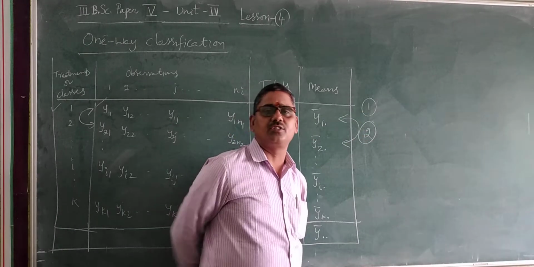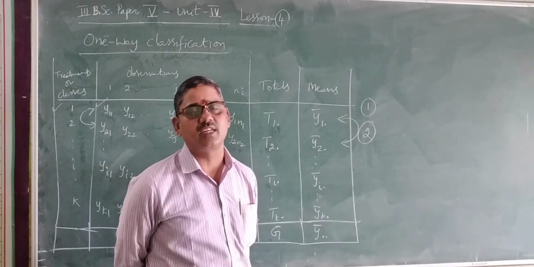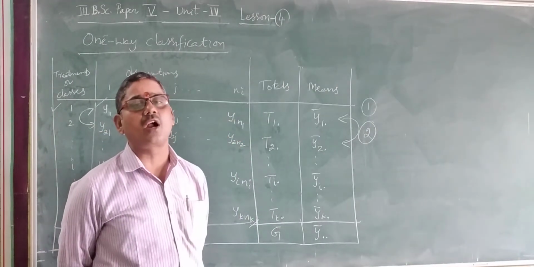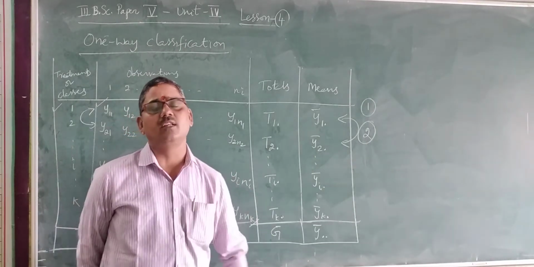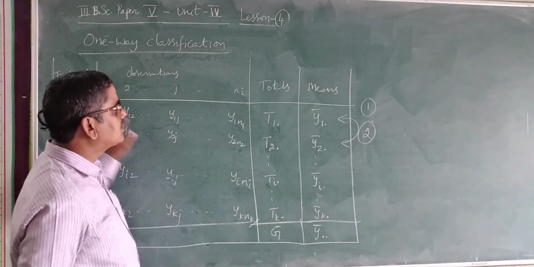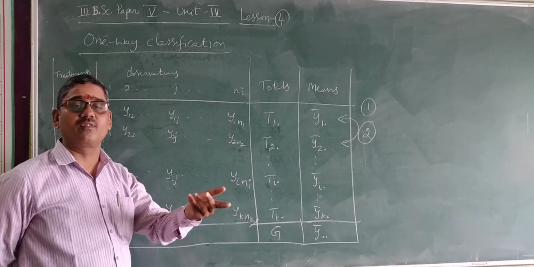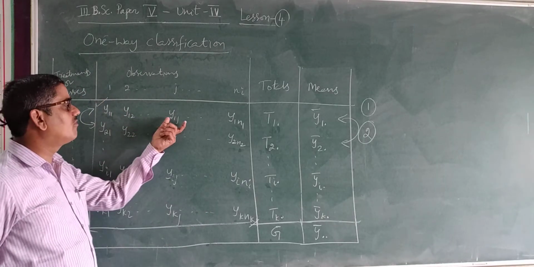Another source of variation, the second one, is chance cause of variation, which cannot be controlled by human endeavor. If we apply the same treatment to various experimental units, the yield still varies. Y11 may be different from Y12, may be different from Y1j.